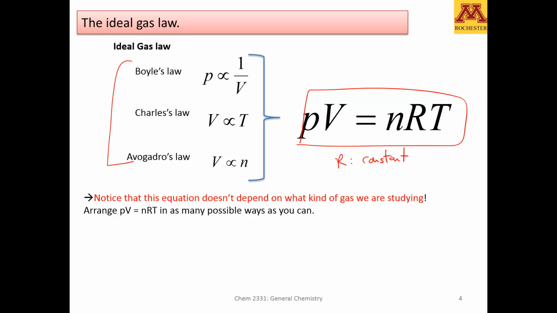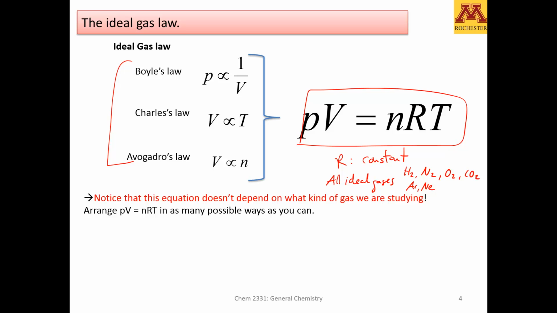This law is applicable to all ideal gases, in other words, to hydrogen, argon, neon, any small non-interacting gases. The equation will be the same for all of the gases, and it will contain the same three laws.